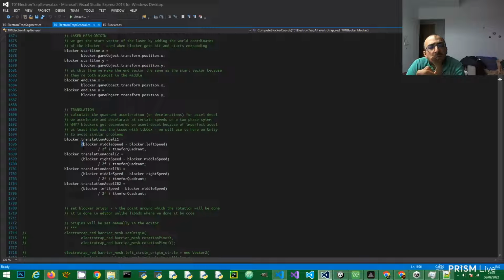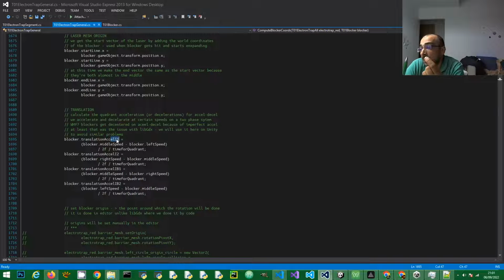We have to calculate four types of accelerations. So the first type, acceleration type 1, which we called I1 in Excel, is the middle speed minus the speed from the left position, divided by the time. So that's the acceleration.